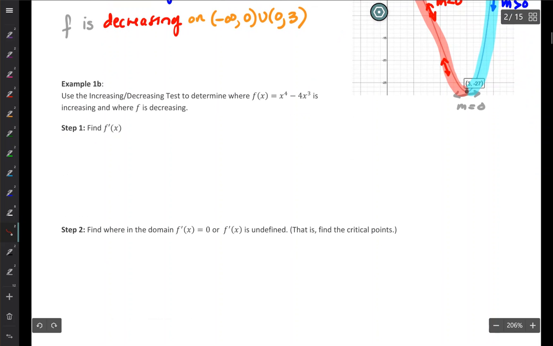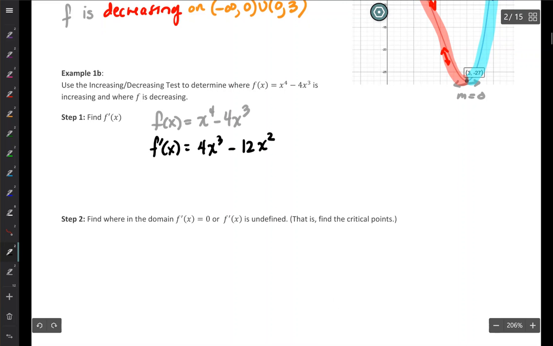So step 1 to the increasing decreasing test is to go ahead and get a derivative. So here's my function, f prime is 4x cubed minus 12x squared. So now I'm going to find out where the derivative is 0 or undefined. That is, I'm finding critical points, right?